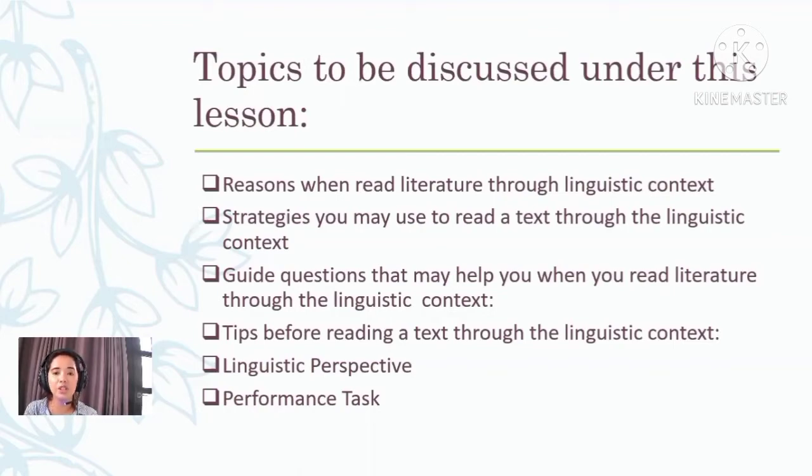Second, what are the strategies that we may use to read a text through a linguistic context? Third, what are the guide questions that may help us when we read literature through linguistic context? Fourth, what are the tips before reading a text through linguistic context? And fifth, what are the linguistic perspectives, the theories? And last, what is the performance task under this lesson?